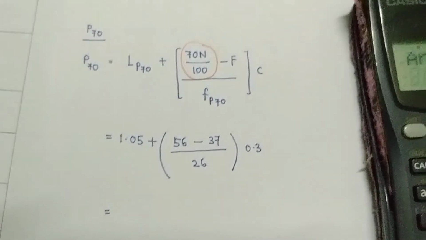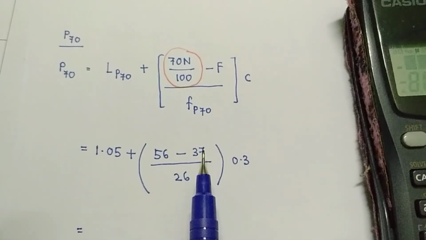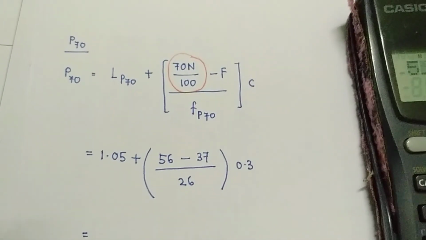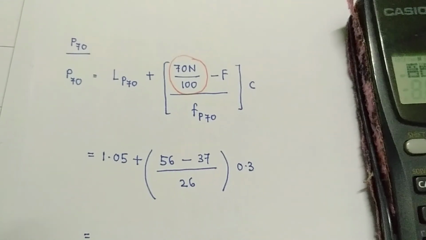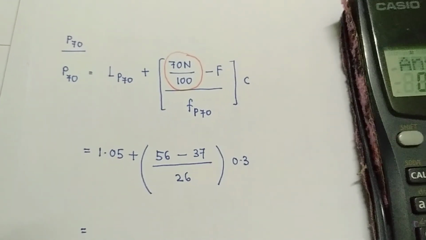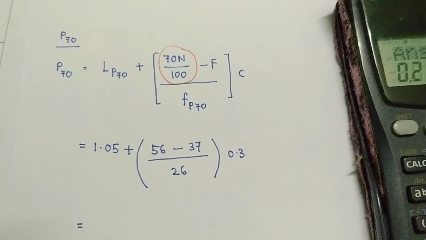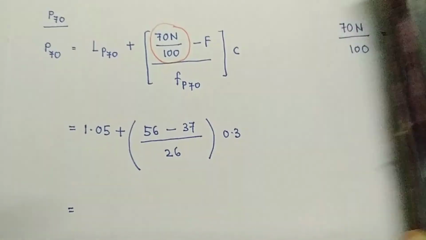So we calculate 56 minus 37 divided by 26, then multiply with 0.3 plus 1.05, so the answer is 1.27.